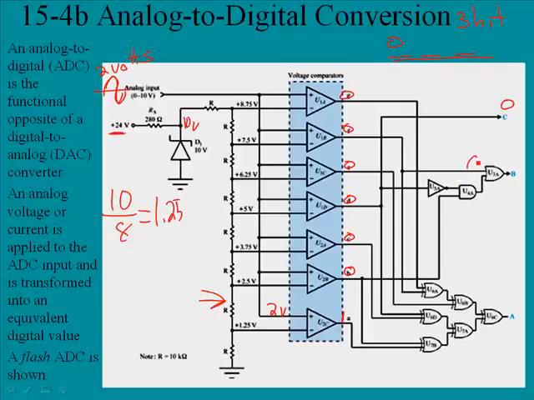We have a 0 coming in here. We have a 0 here, which will be inverted to a high, and then we have a low coming in here. So a 1 and a 0 going to this AND gate will produce a 0, and then a 0 and 0 going into this OR gate will produce a 0. So our second most significant bit, B, is also going to be a 0.